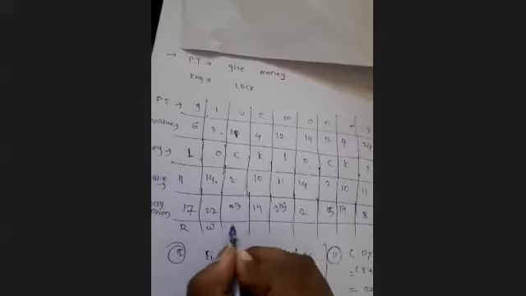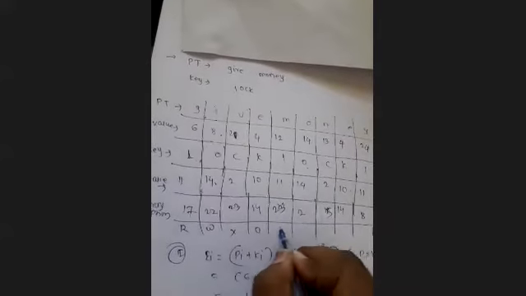Now we have to write the respective alphabet for this ciphertext. 17 is representing R, 22 is W, 23 is X, 14 is O, 23 is X, 2 is C, 15 is P, 14 is O, and 8 is I. So in this way, our ciphertext for the given plain text, by using the encryption formula in the Vigenere cipher, will be R W X O X C P O I.